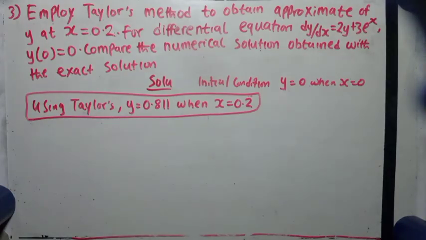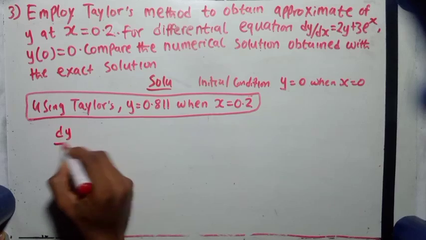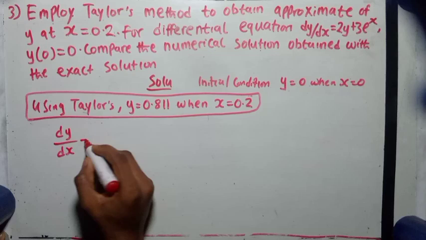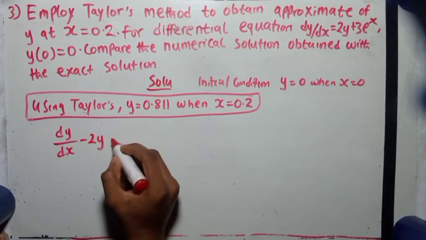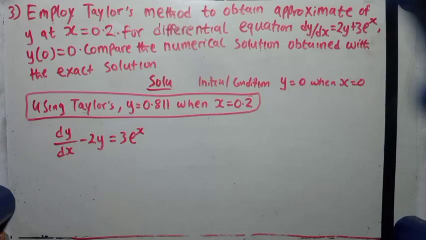Now, to integrate that, first of all, everything that has y in it, move it over to the left hand side, and we'll be having something like dy/dx minus 2y is equal to 3 exponential x.